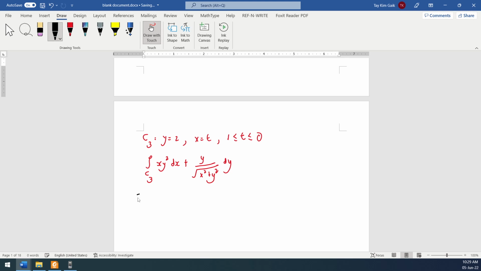Then you plug in: x is t, y is 2, so y squared is 4, so you have 4t. dx equals dt, t from 1 to 0. y is 2, so dy is 0, so this term is gone. So it's just 4t dt.